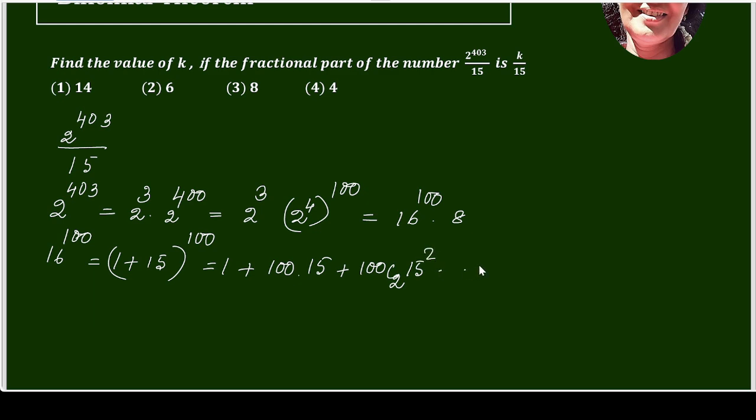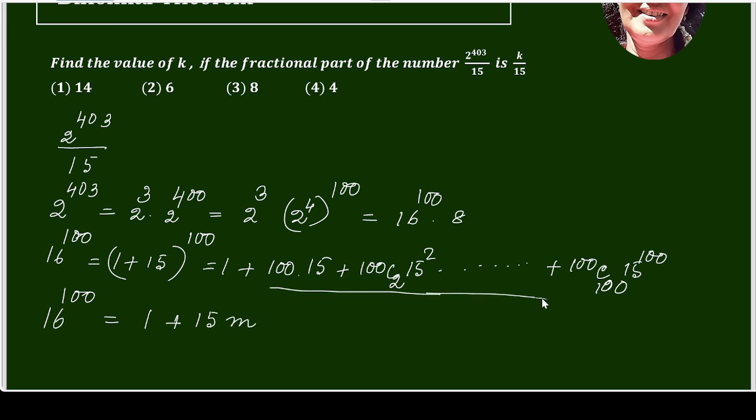I am not writing all the terms, only mentioning that there is a power of 15 in each term except the first one. So 16 power 100 can be written as 1 plus 15 times m, or a multiple of 15, because I can take 15 out of all these terms.